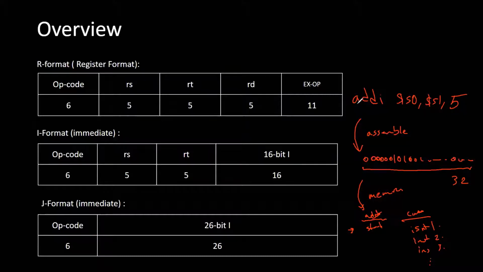You see, you have add, subtract, and things that we understand easily, and it is actually converted to 32 bits. That's how MIPS is designed. The processor is engineered in this way, that all these instructions are 32 bits each.